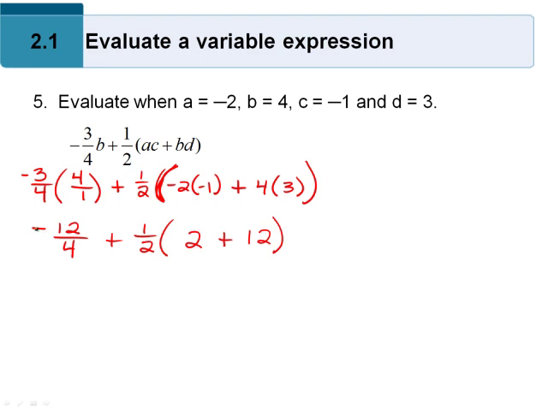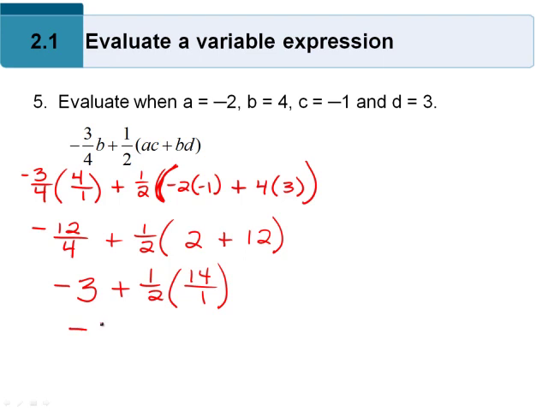So I can simplify this first fraction. -12 divided by 4 is just -3. And then we have 1/2. Now, 2 plus 12 is 14, and I'm going to put that 14 over 1 because I now have to multiply it by a fraction, by the 1/2.